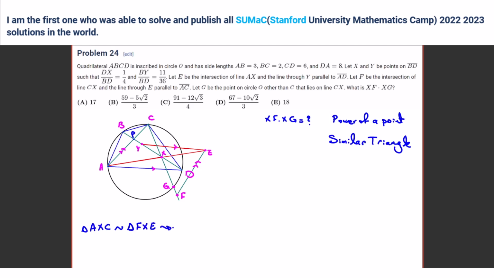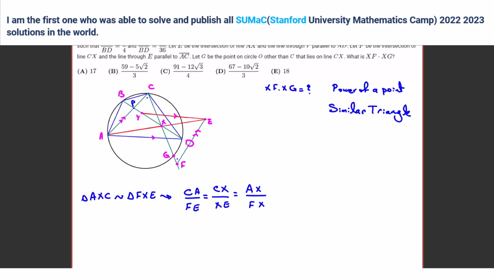CA corresponds to FE, CX corresponds to XE, because this angle is equal to this angle, and AX corresponds to FX. Another similar triangle: look, XF we have here, it's good, but we don't have XE, so we should work on XE.